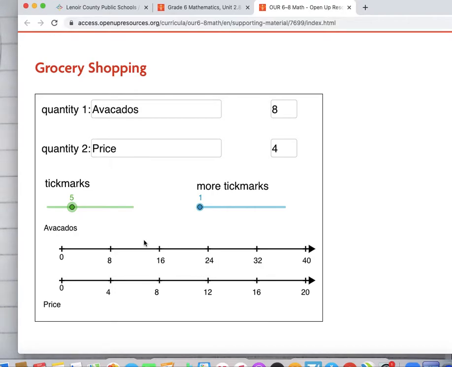Okay? Now, let's look at another example. The next example, 12 large bottles of water cost $9. Okay?